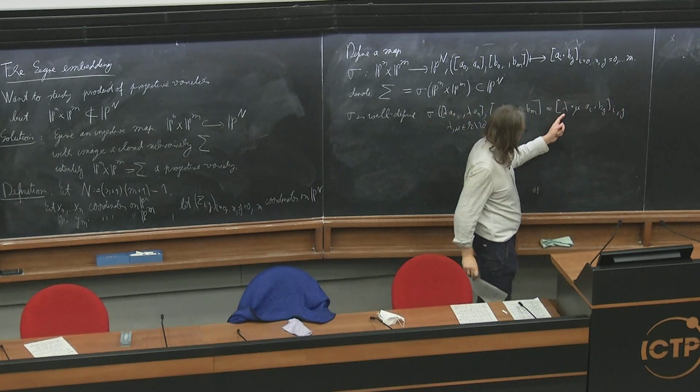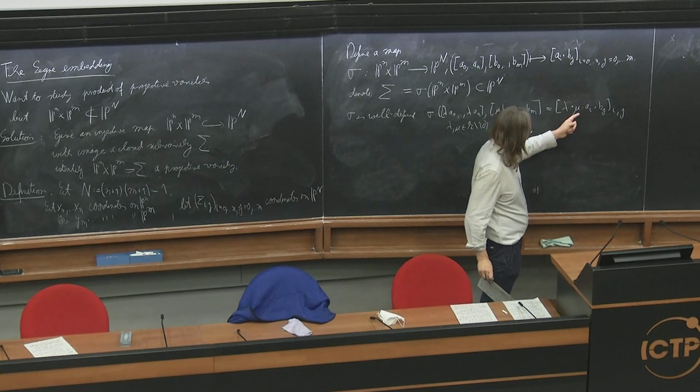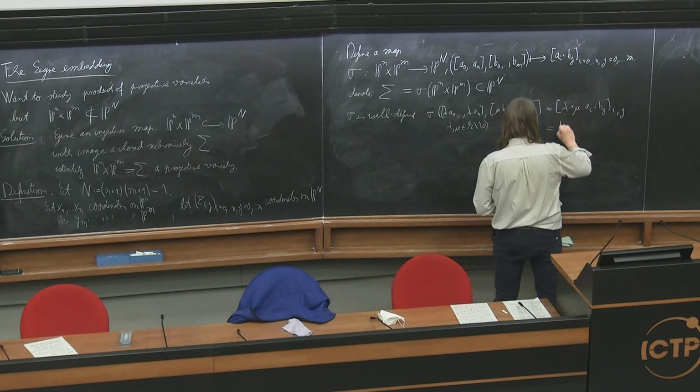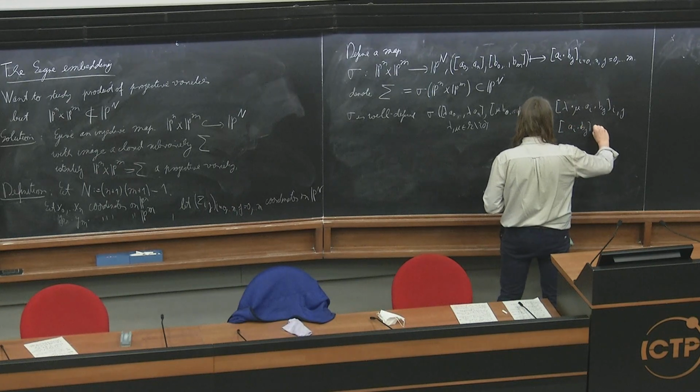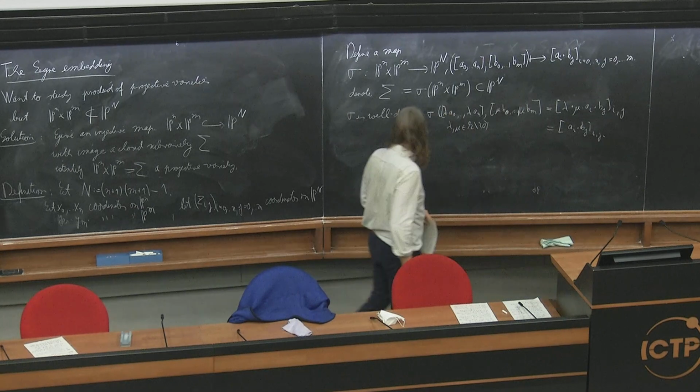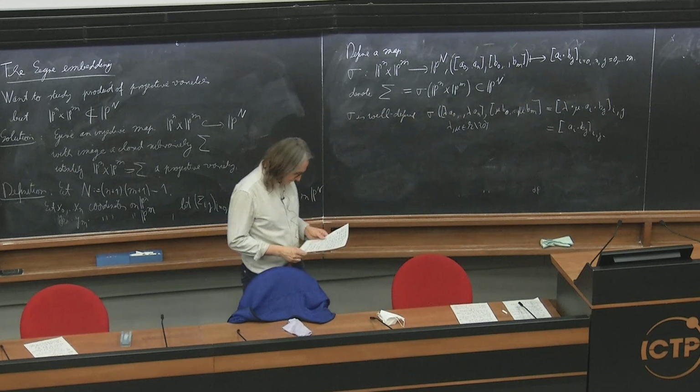And obviously lambda mu is still a non-zero element in K, so this is the same point in projective space, Ai times Bj. Okay, so sigma is well defined.